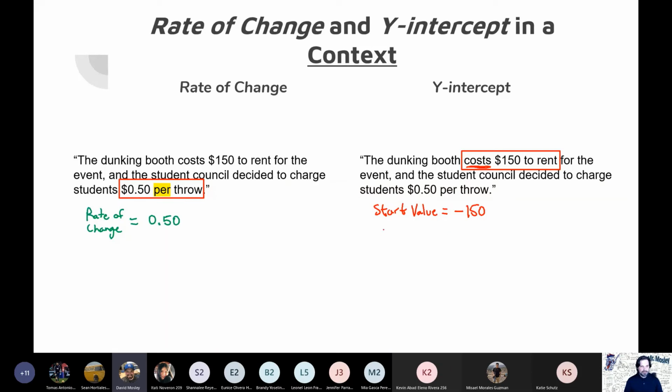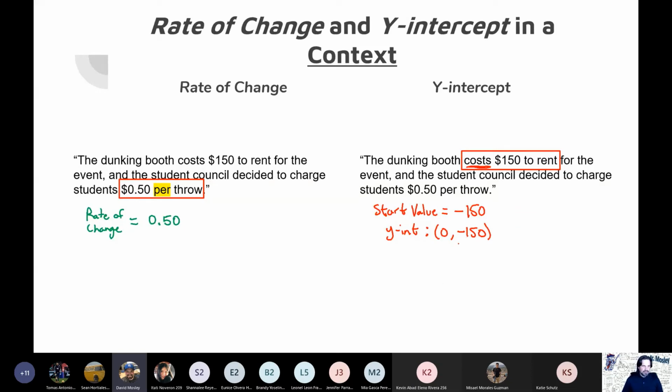The y-intercept is (0, -150). Cero, coma, negativo 150. I think that's 150 in Spanish, I'm not sure. All right.